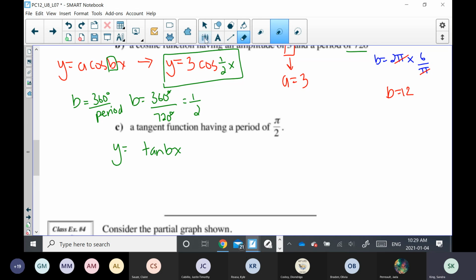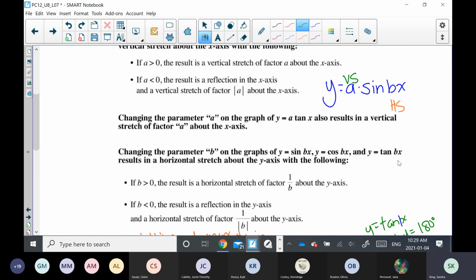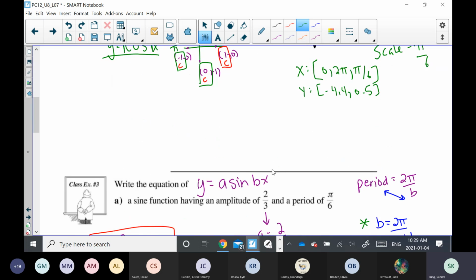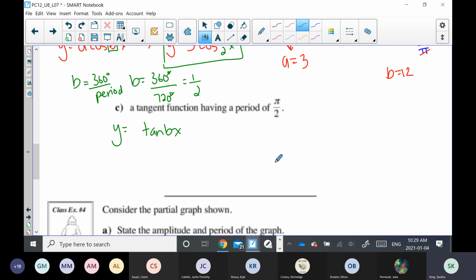Okay, the formula, remember, for tan, so this is what we were looking at. In order to get your B value, remember that the period of a tan graph is 180 degrees or pi radians. So in order to get the B value for a tan graph, because this is in radians, it's going to be pi, because it repeats every pi radians.